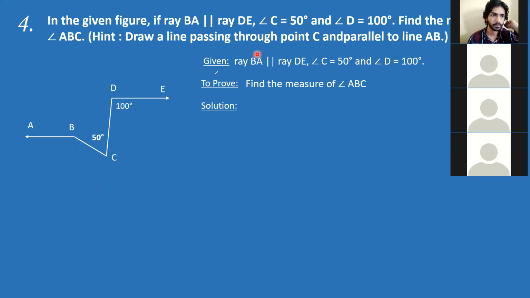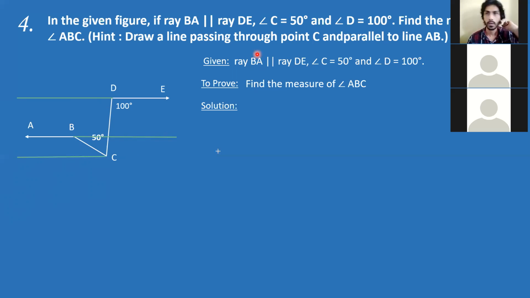I extended DE, AB, and line C. So you extended this, you extended this, and a line like this. Okay, great.